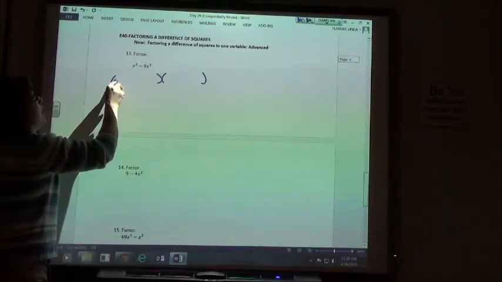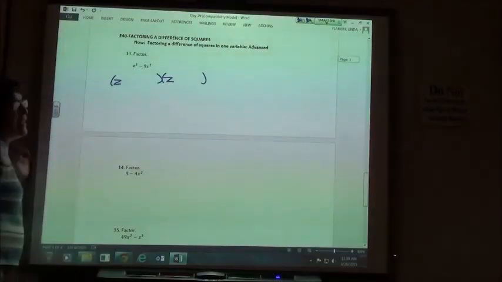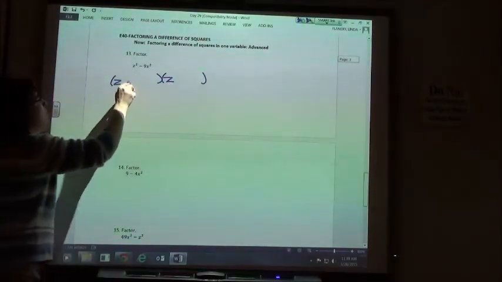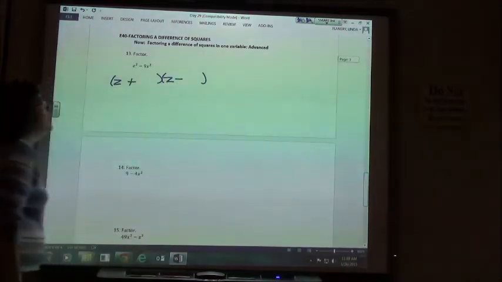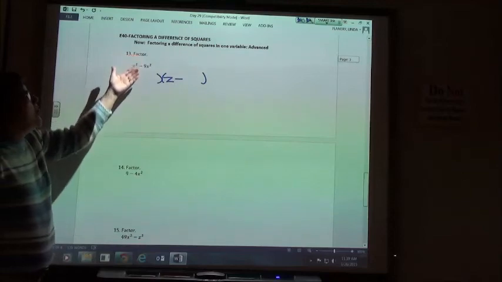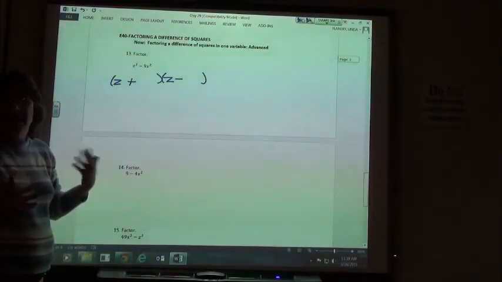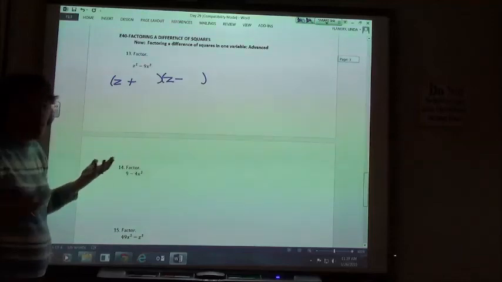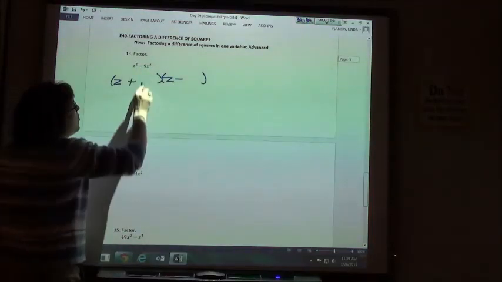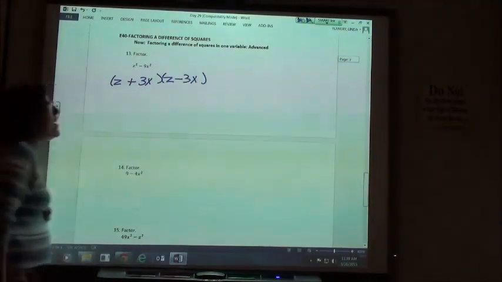Factors of z squared, z and z. The end is a negative. Since the end is a negative, you know you have a plus and a minus. Factors of 9x squared. Well, the key here is that you want to get 0 in the middle, and if I'm going to get a 0, I have to add and subtract the same number, opposites, right? Well, 9 is a perfect square. You get 9x squared by taking 3x times 3x.